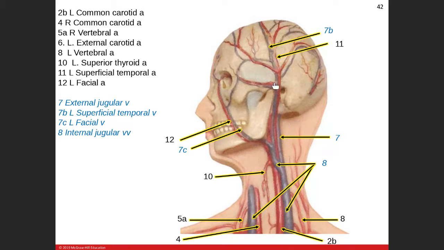We'll get into the vessels up inside the cranium, but a lot of the blood that is drained from your skull is going to travel in the internal jugular vein. And then up here, again, you can see our superficial. Here's the left superficial temporal artery and vein. Okay.